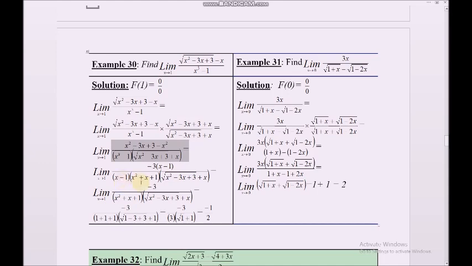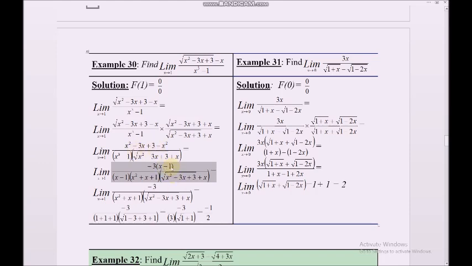Okay, we have to make a factorization as difference between two cubes. You will get x minus 1, same sign, then x squared plus x plus 1. Now, simplifying above, x squared, negative x squared, cancellation, taking negative 3 as a common factor between negative 3x plus 3.